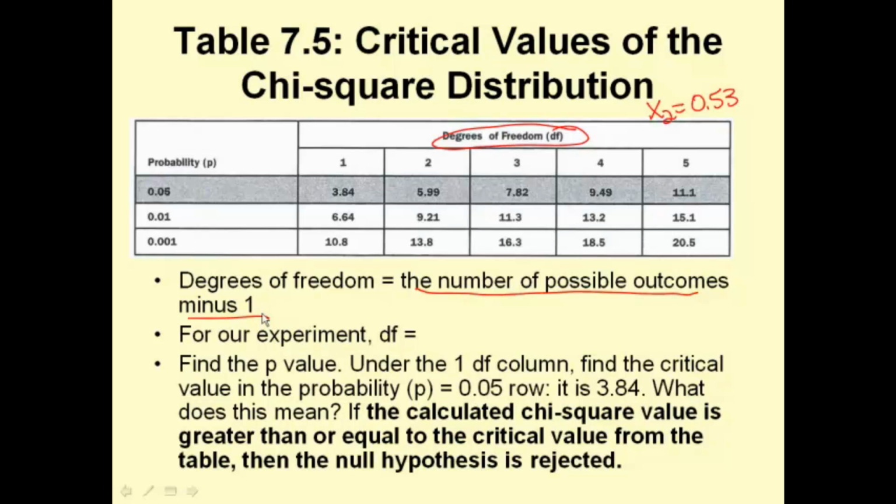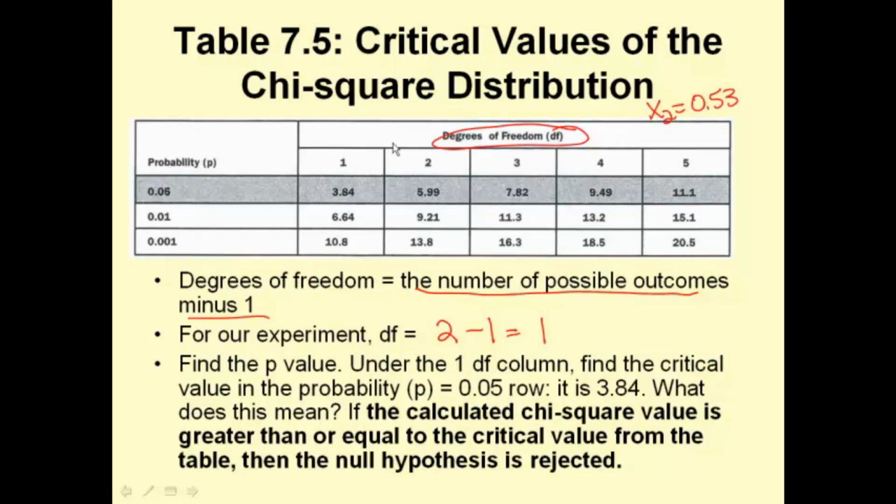So in our experiment, for each fruit fly, the number of possibilities for them was they could either go to side A or side B. So that gives us 2 possible outcomes. So what would our degree of freedom be? It would be 2 minus 1 equals 1.